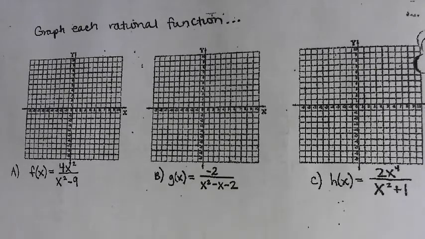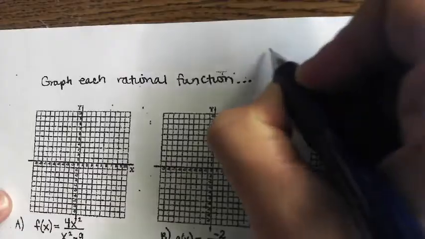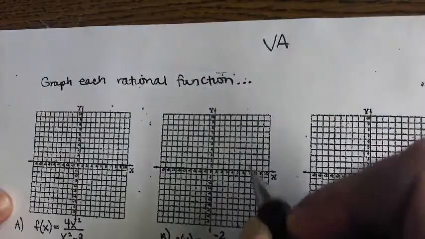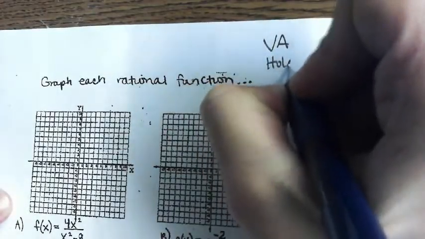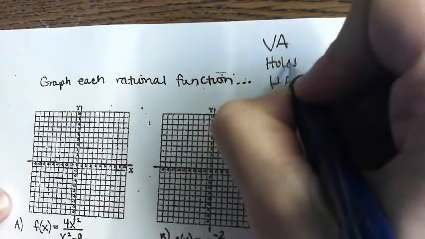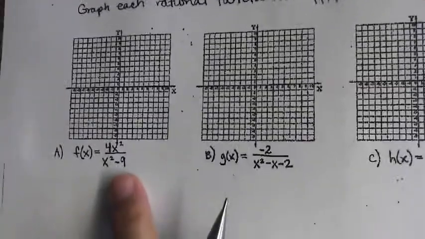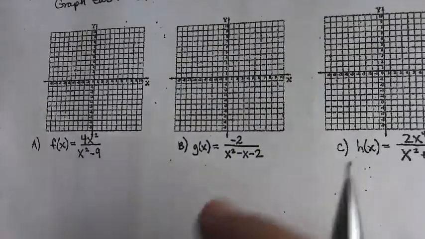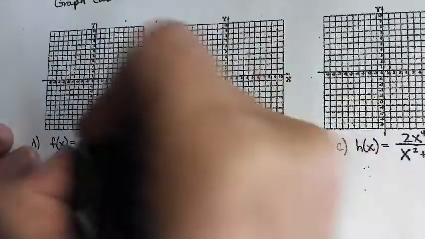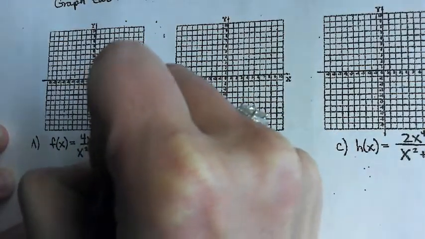So we will always start by finding vertical asymptotes, holes, and horizontal asymptotes. That's where we'll start. So first things first, with any function, you should try to factor it and simplify it if that's at all possible.